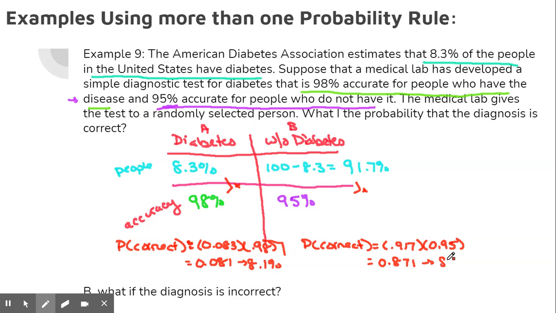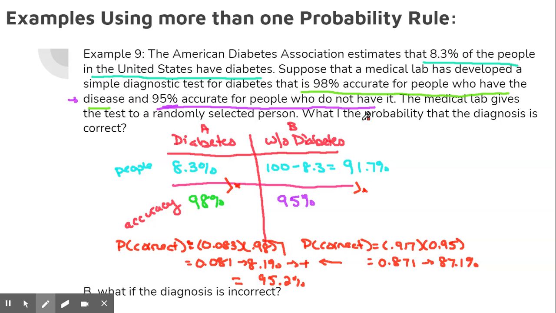And if you're non-diabetic, it is 0.871 or 87.1% accurate. So to find the total accuracy, you add them together. So it comes out to being 95.2% accurate. You want to put both your accuracies together, the accuracy for being diabetic along with the accuracy of being non-diabetic.